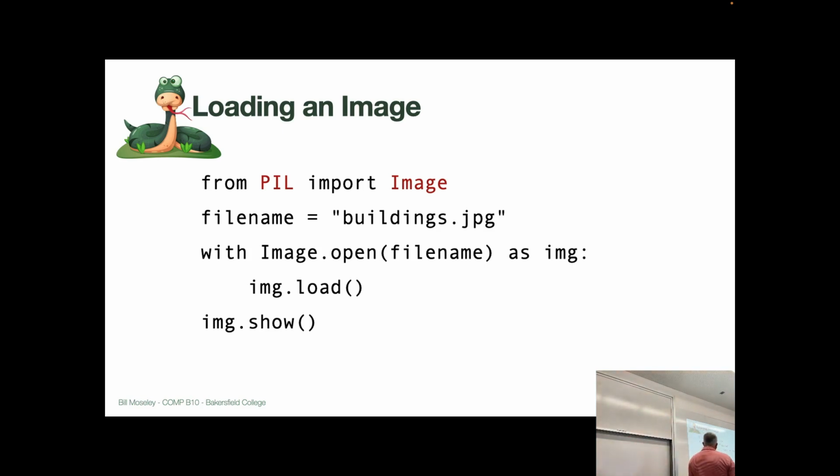Now, a way to make sure that you don't crash easily is using a with statement. We haven't seen this before, but if you say with Image.open(file name) as img, and then you put img.load(), then you will not have an error if that file name can't be shown. I'm going to show you a different way to do this in just a minute.